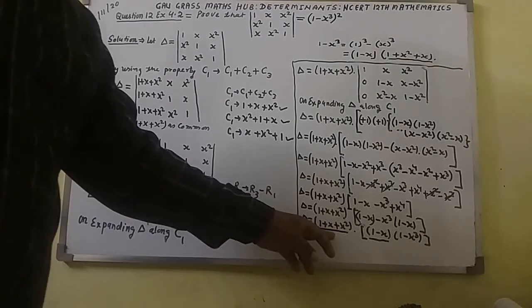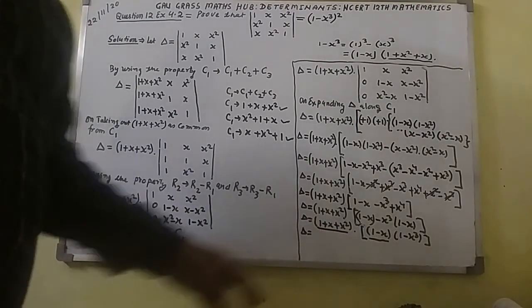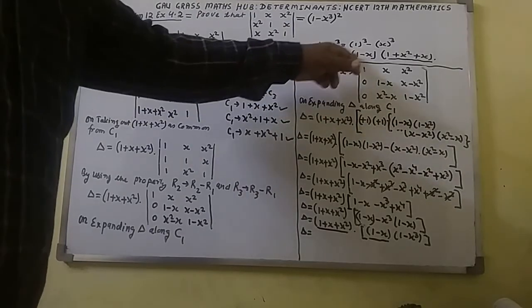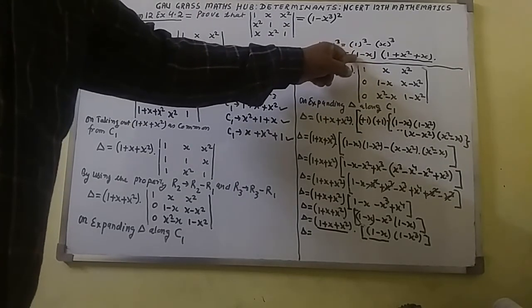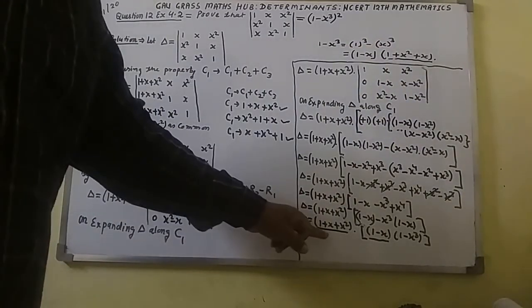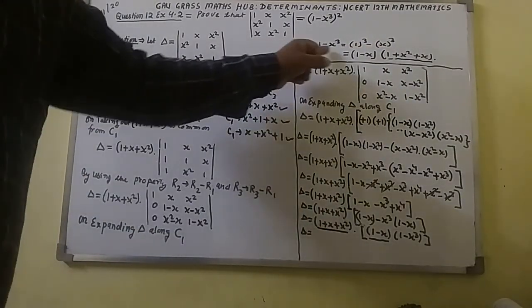So we will get the formula as 1 minus x cube, because 1 minus x is there, where this term is the same as here it is written. So you get this term.